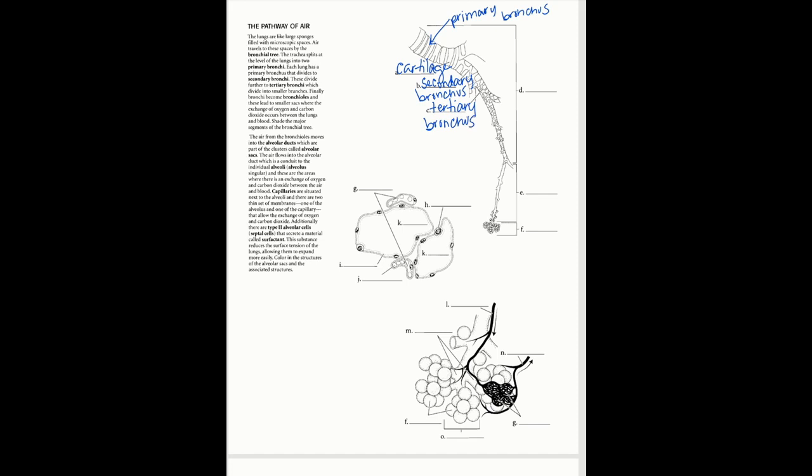And then from there, we refer to them as bronchioles. And then once you get to the end of the bronchiole, you're going to end at this kind of bulbous sac that we refer to as an alveoli, or an alveolar sac.